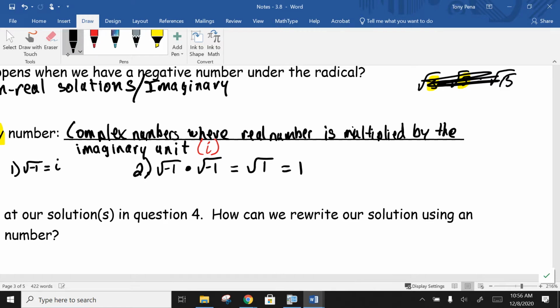Remember how we just said this guy here can be written as an I? So the root negative 1 is an I. I'm going to multiply that by another root negative 1, which is an I. So just think, what's I times I? That should be I squared.